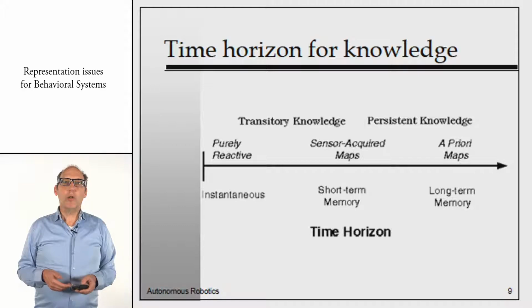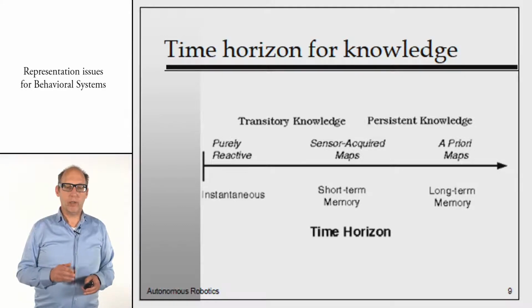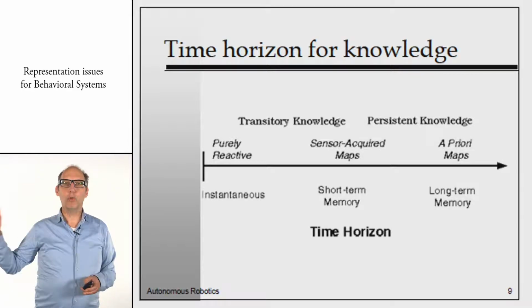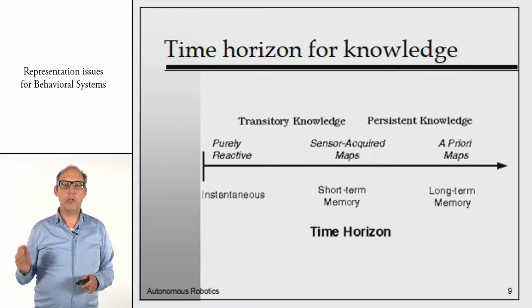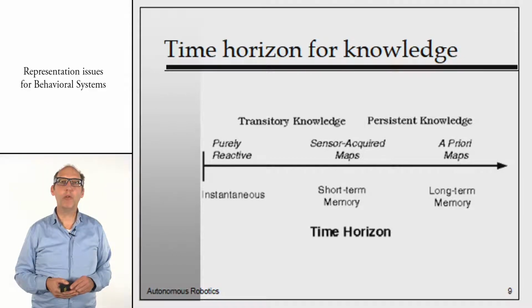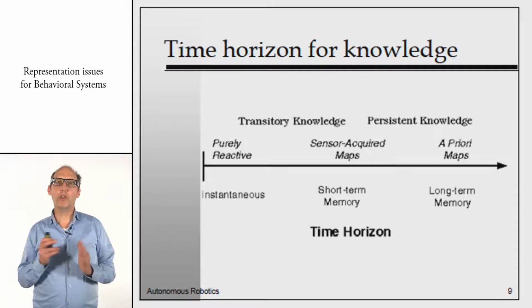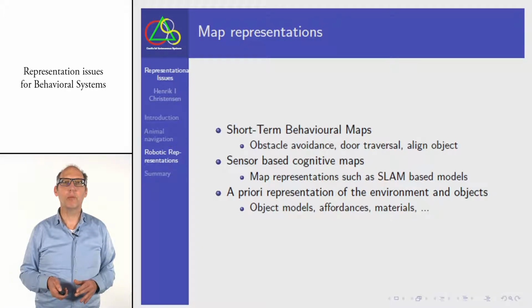So you see on one hand that you go from instantaneous information to long-term memory, you see a coupling to the different behaviors, and you see how that is coupled from transitory knowledge to persistent knowledge.